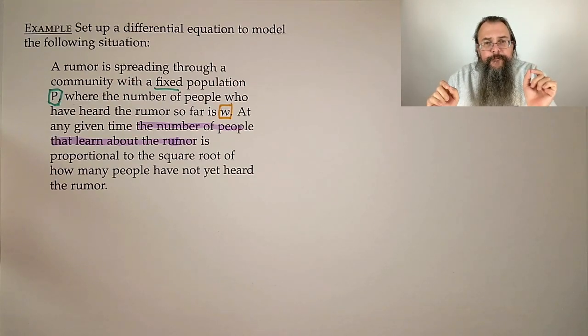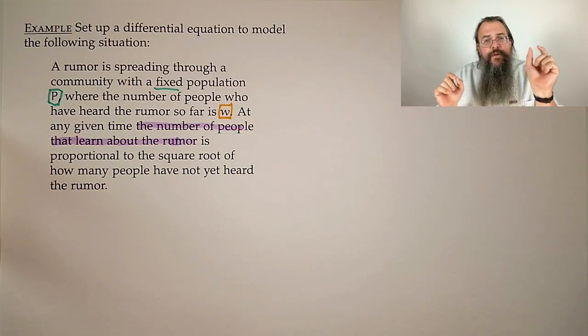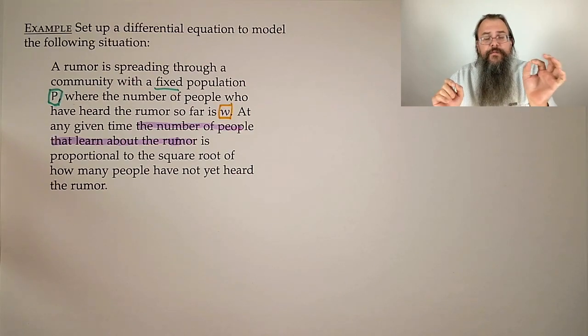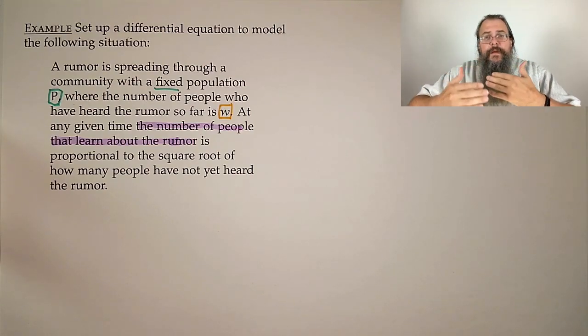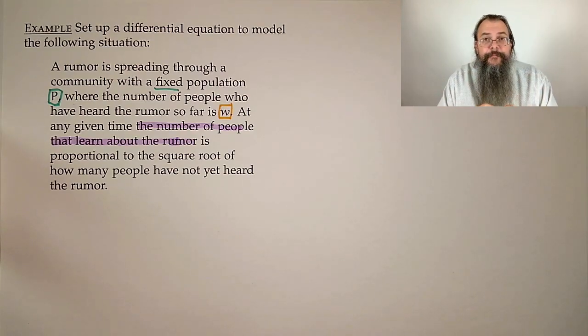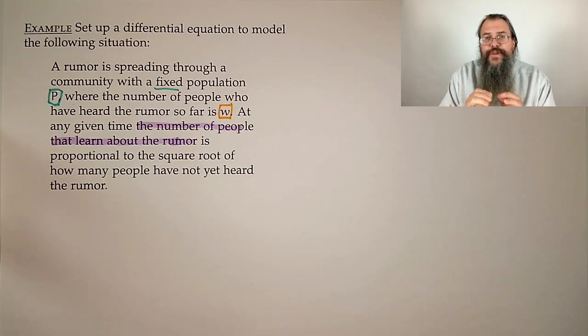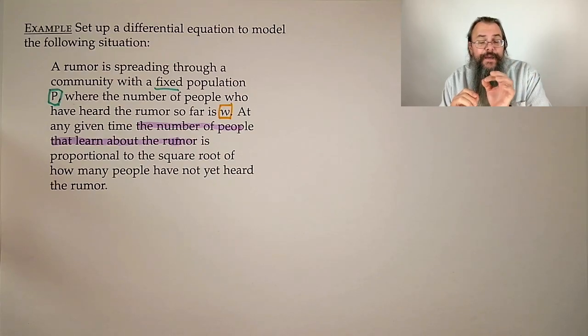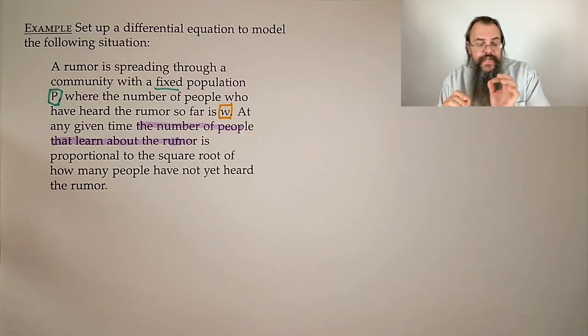What are we looking at? We're looking at the number of people who have learned about the rumor. So in other words, it's the people who have just been informed. They've just started learning about it. So what is being captured there? Well, it's W prime. It's how W changes.